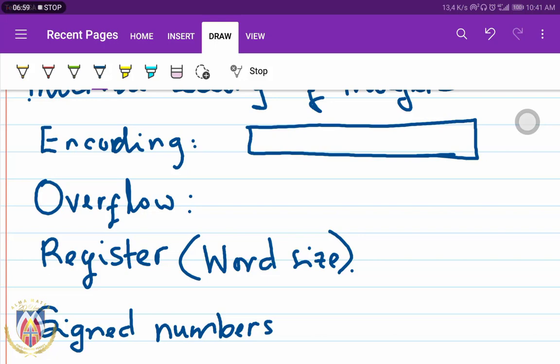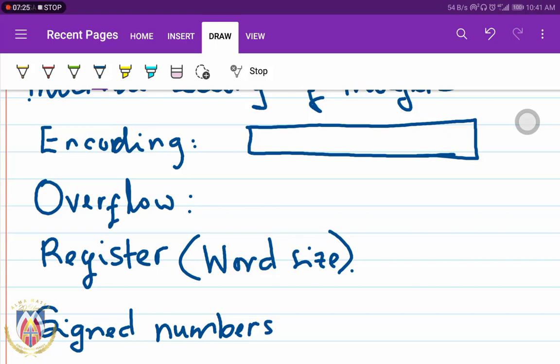So to explain overflow in terms of word size, if the data that you want to store exceeds the word size of the register, then you will have an overflow. We know most computers are 64-bit.